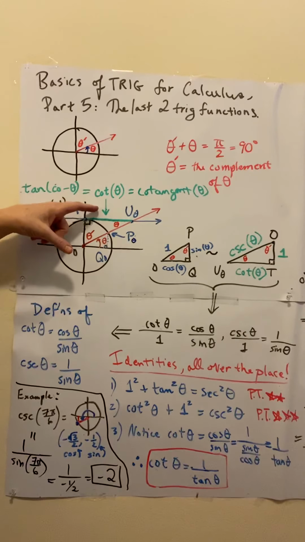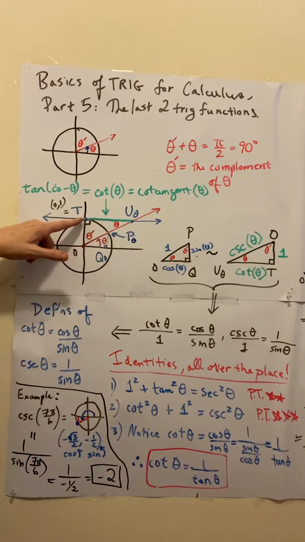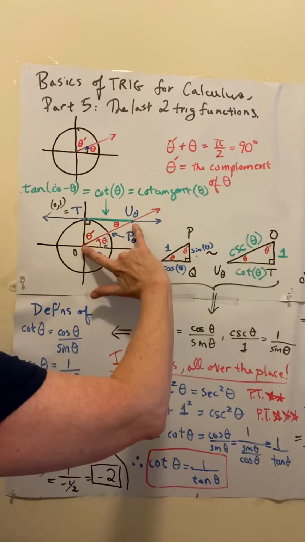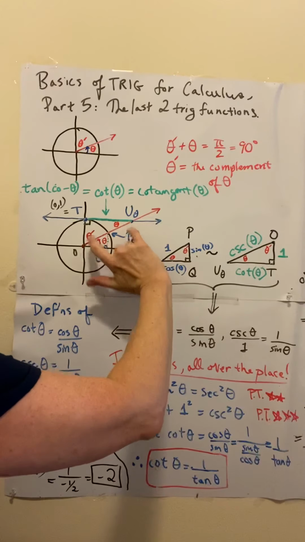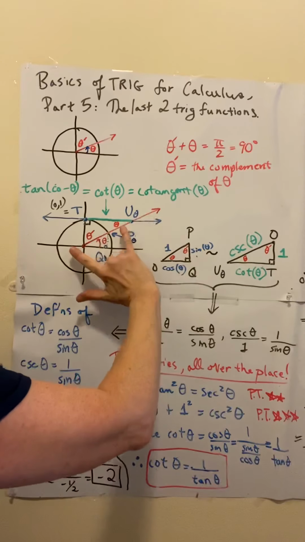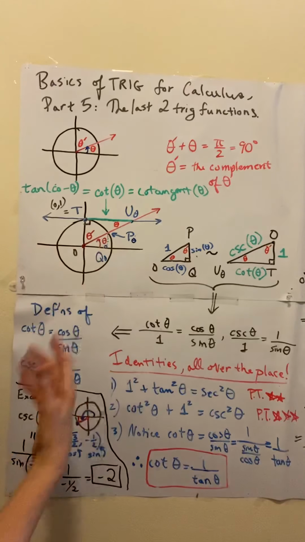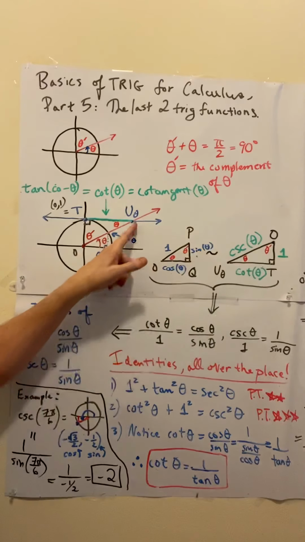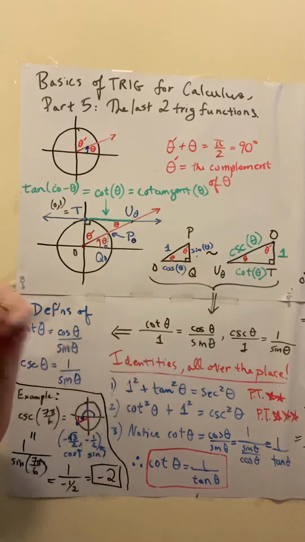Well, if this is the cotangent of theta here, that chunk of the tangent opposite the complementary angle, this length here is the cosecant. The part of that secant line, same secant line, cut out or associated with the complement of theta. And that would be from O to U. And so you see it out here.